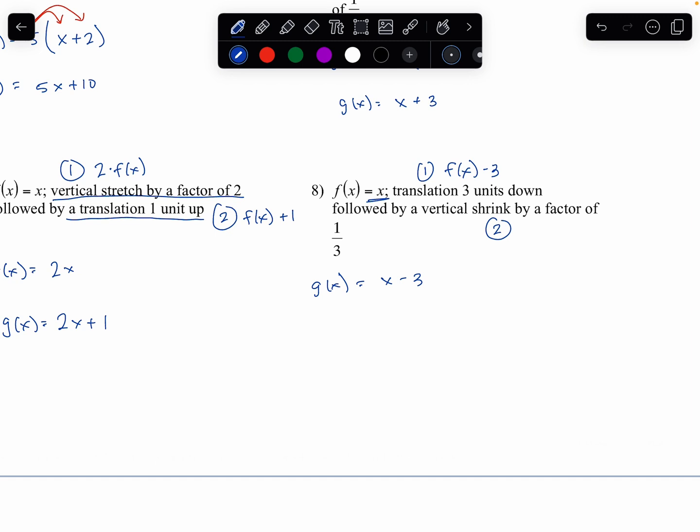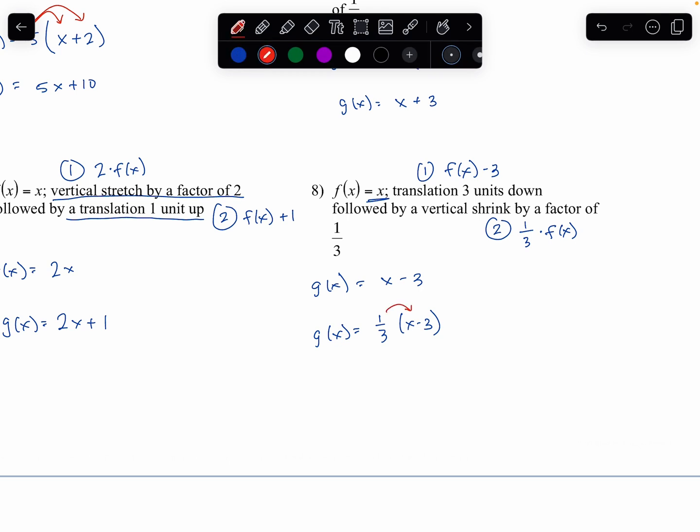Okay, the next one, 2. Vertical shrink by a factor of 1/3. So that's going to be 1/3 times the function that we have. And in this case, our function is x minus 3. So make sure you use parentheses around this. So we're going to have g of x is going to be equal to 1/3 times all of the function. And then let's not forget that we have more than 2 terms now.